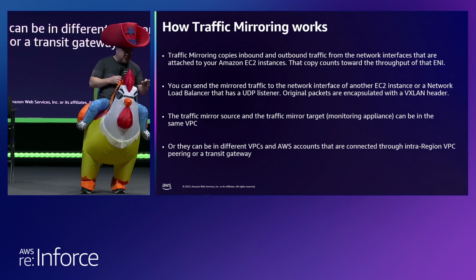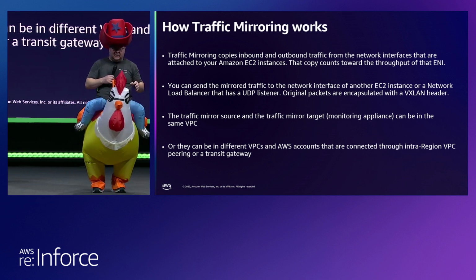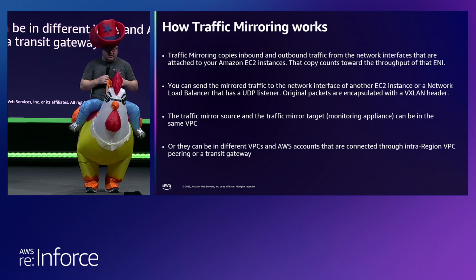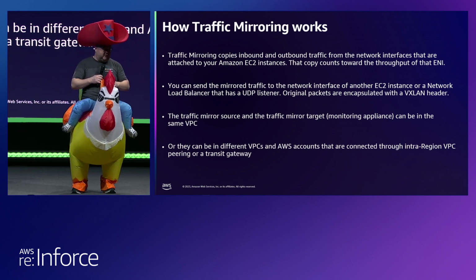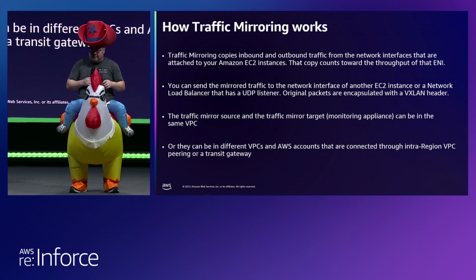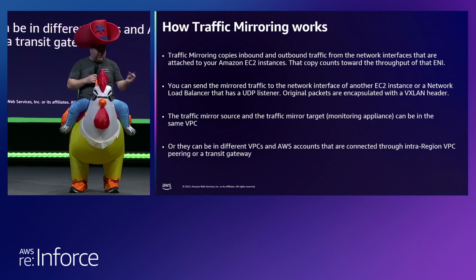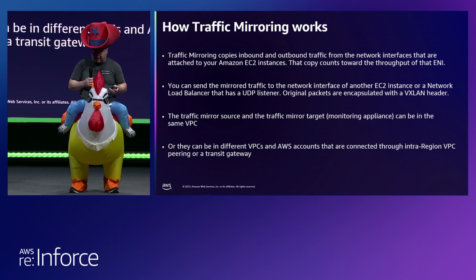And then that gets forwarded to a mirroring endpoint. And that mirroring endpoint can be an ENI of a standard EC2 instance. It can be the endpoint of a network load balancer, and we'll look at what that looks like. But it forwards it, and then you unpack that VXLAN frame, and you have access to the raw packet.